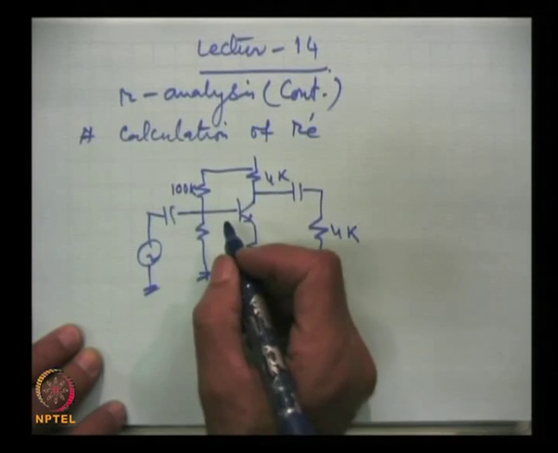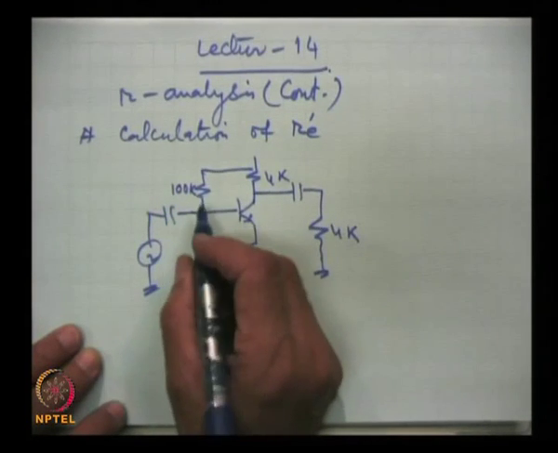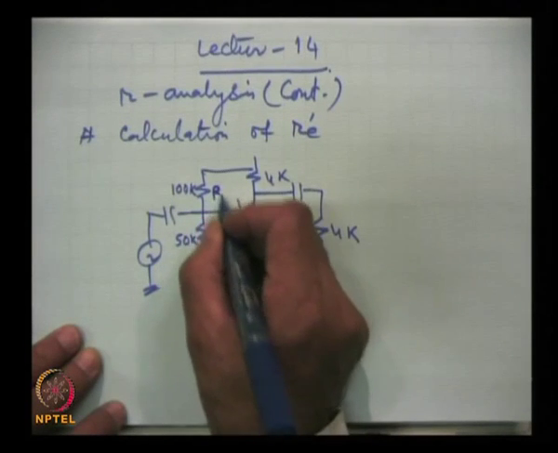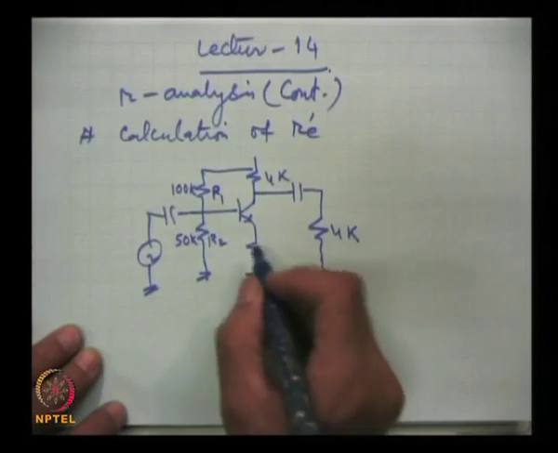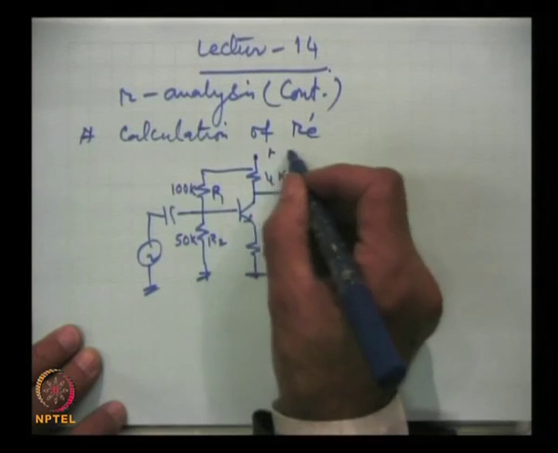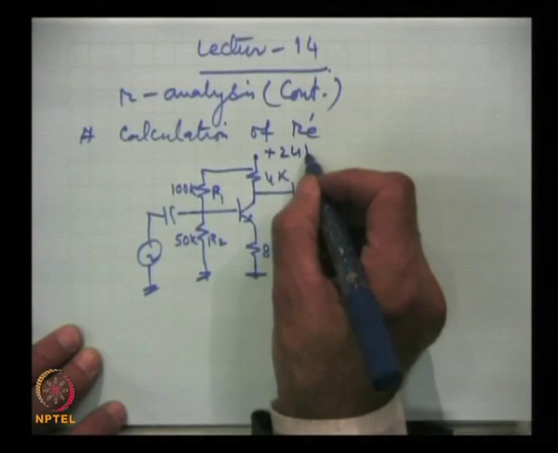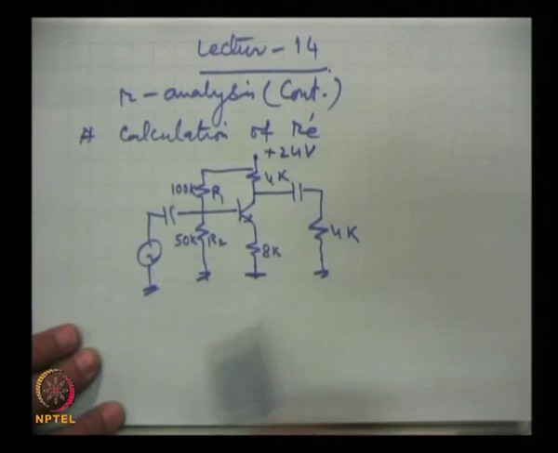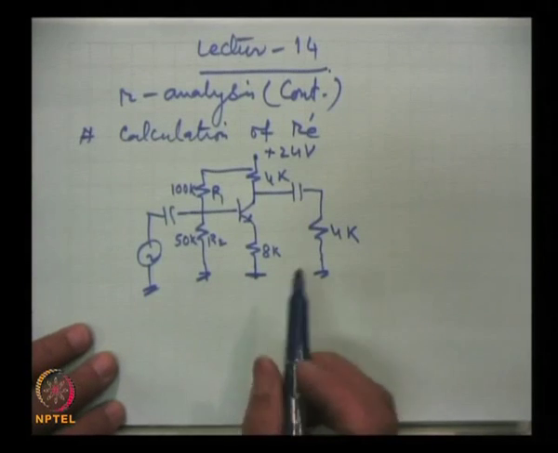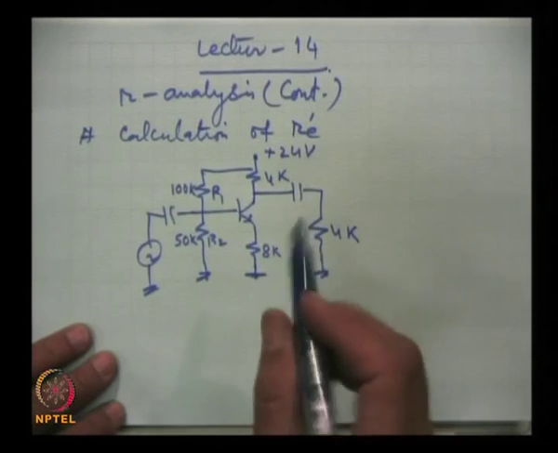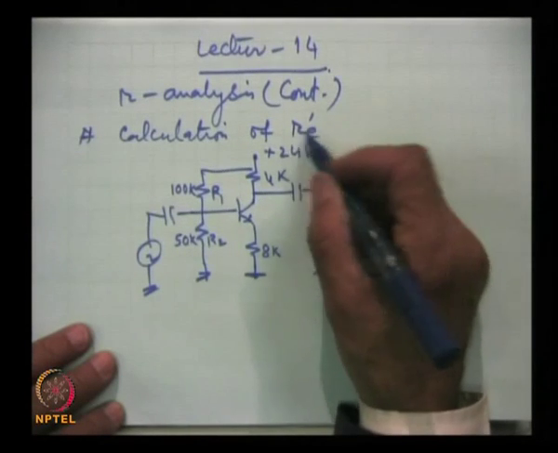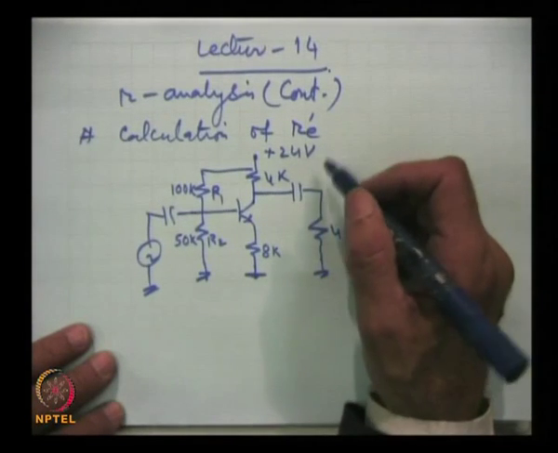All resistances we are taking in kilo ohms. Now, we have to calculate the dynamic resistance of the emitter, R E prime.